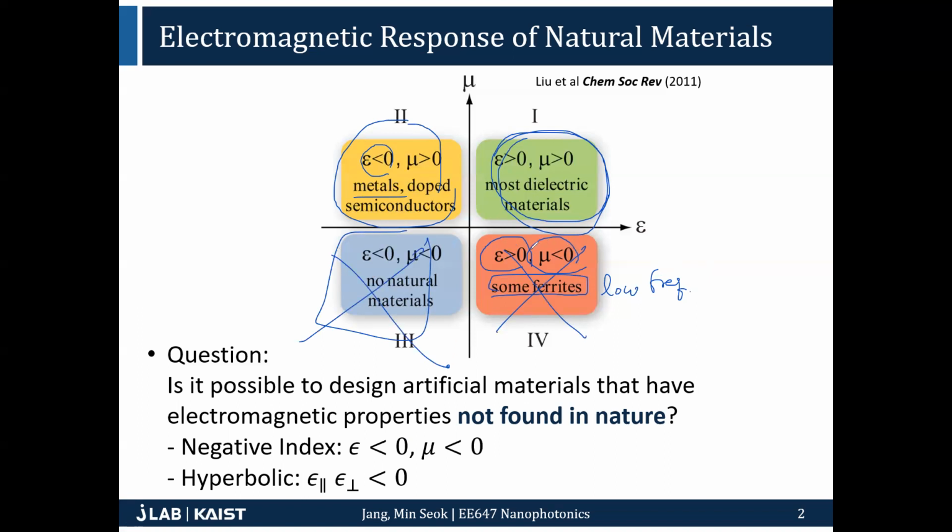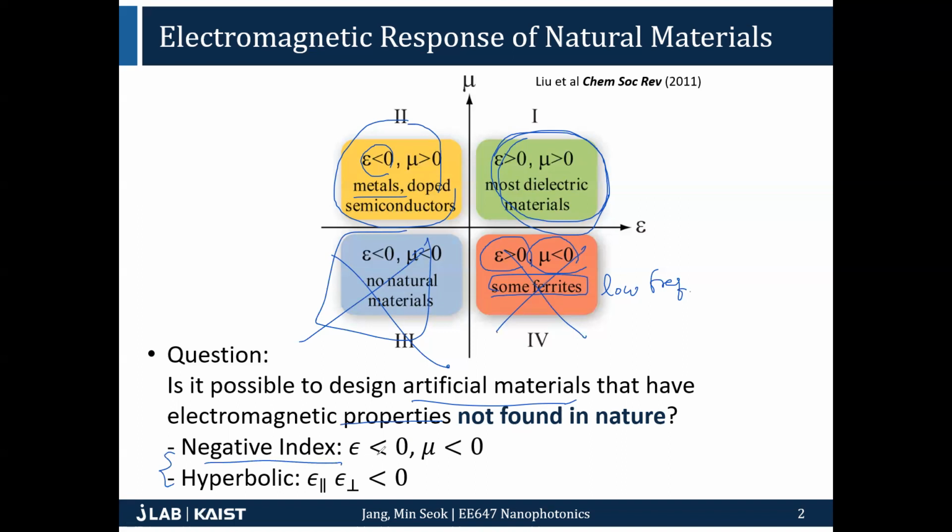So our question is, by using nanophotonics, can we create some artificial material that has electromagnetic properties not found in nature?